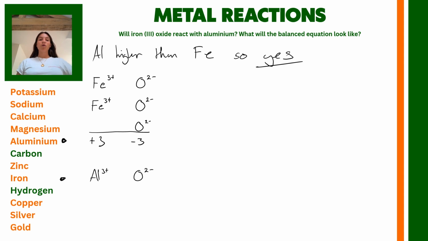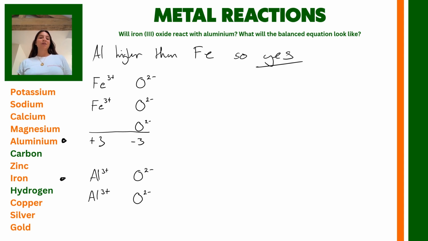Then for my aluminium oxide, which is what I'm going to end up with here, I have my aluminium, which is in group 3, so it's going to have a +3 positive charge, and my oxygen, we know already, the ions have a -2 charge. Again, add another oxygen, the charges still aren't balanced: +3, -4.